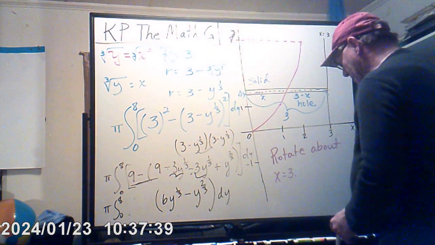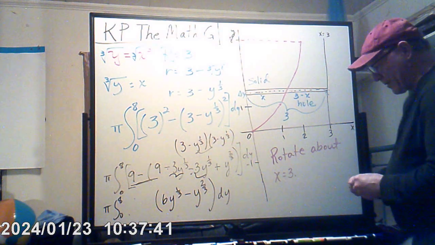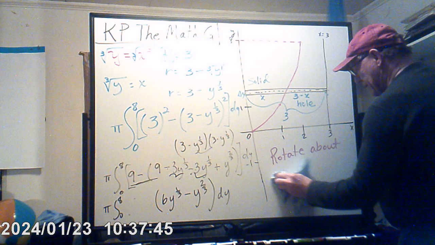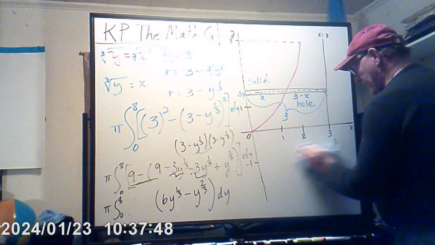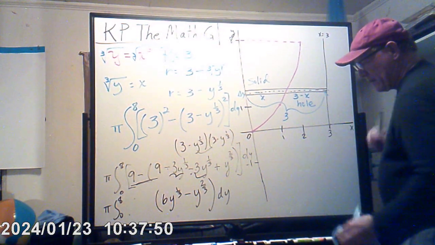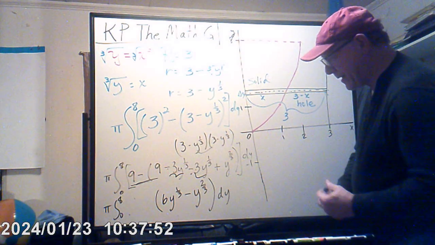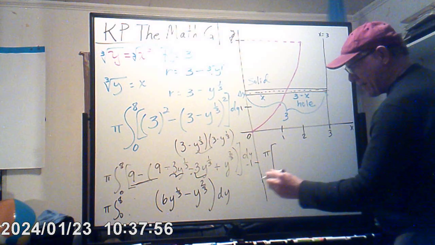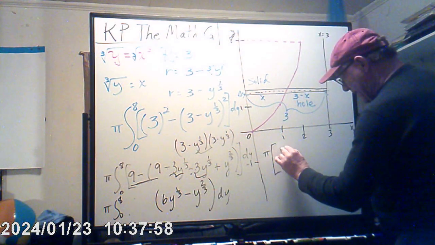Now, let's erase this, rotate about x equals 3. Alright, we just want to integrate this now. Okay, now we're going from pi. Alright, integrating now. 6.